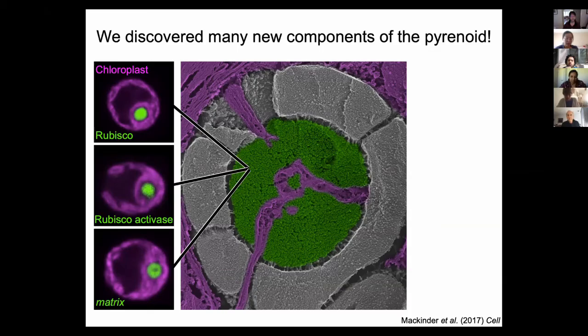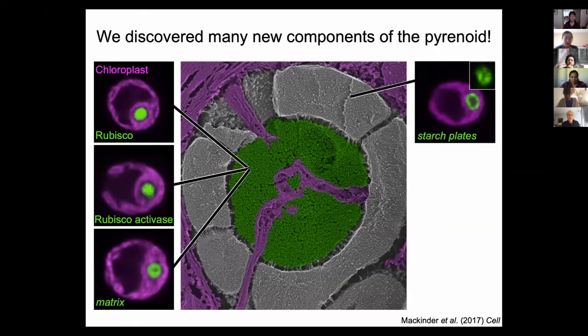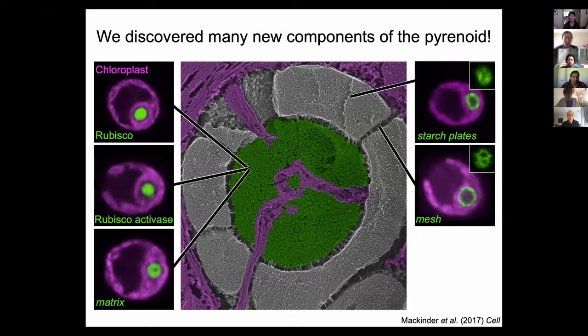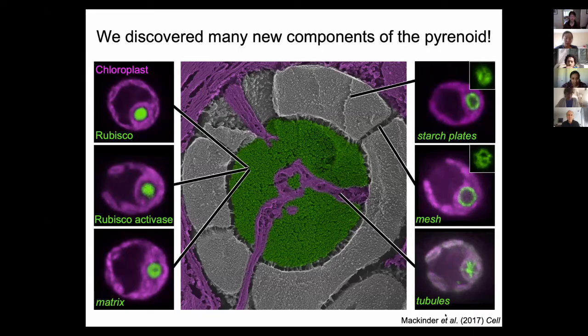patterns of localization to the pyrenoid, like this protein, which we think localizes to the starch plates, or this protein, which appears to form a mesh around the pyrenoid, and we hypothesize fills the gaps between the starch plates. And my favorite, this protein, which shows a beautiful star-like pattern that traverses the pyrenoid matrix, and we think is sitting on these pyrenoid tubules.